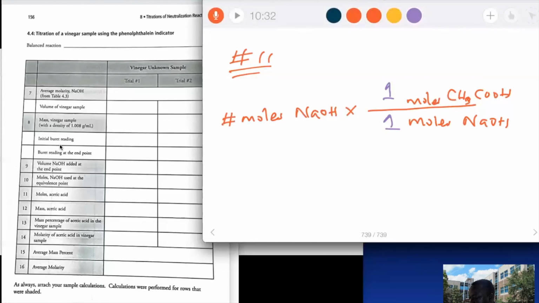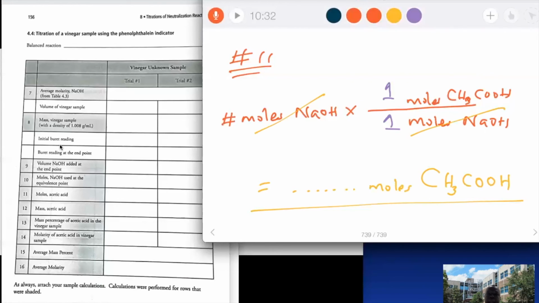So you cancel the units here. This will give you moles of CH3COOH, acetic acid. This is how line 11 will be calculated. The number of moles of acetic acid is the same as the number of moles of NaOH. With unit cancellation, you will be left with moles of acetic acid.